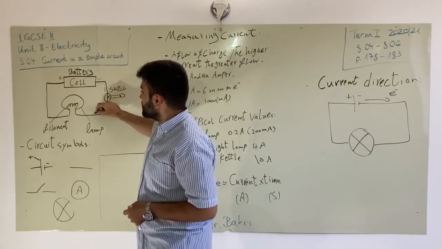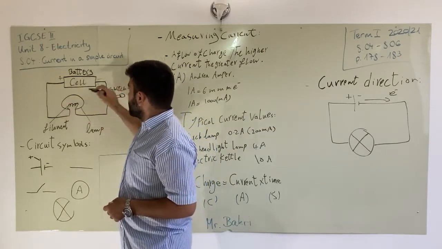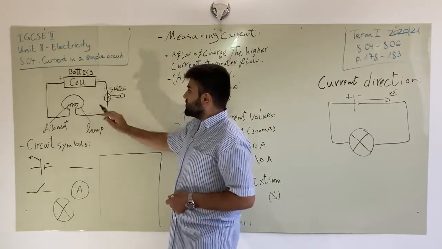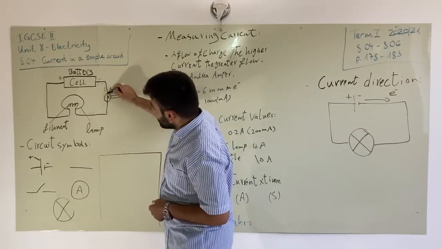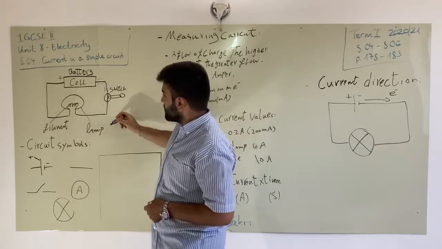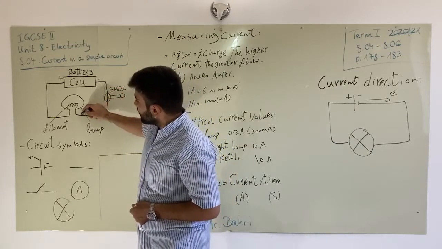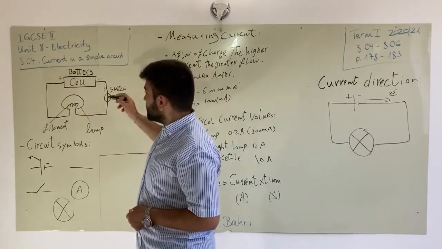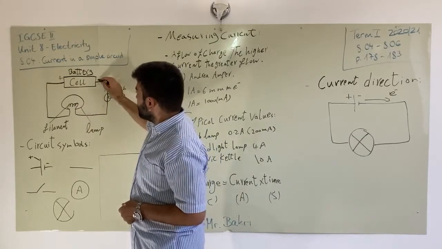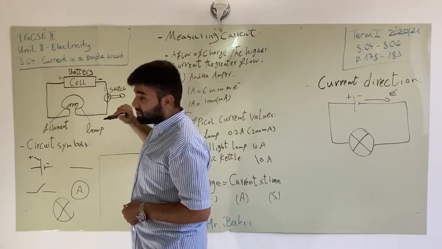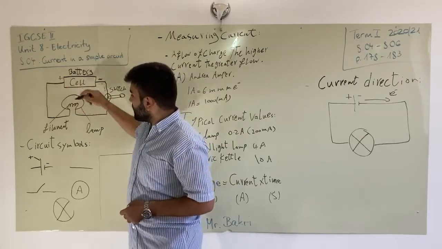In this circuit we have a switch, but it's not connected yet, so nothing happens. The electrons go through the connecting wire from the negative pole to the positive.